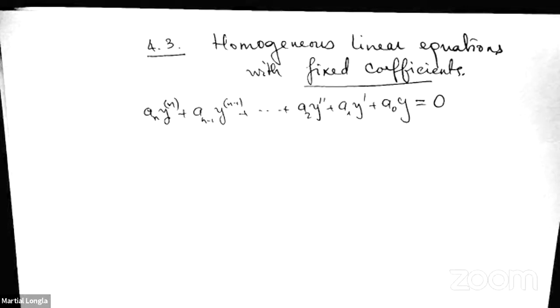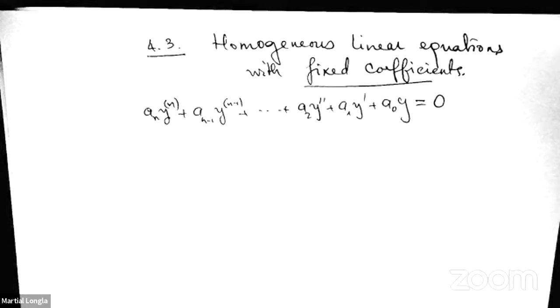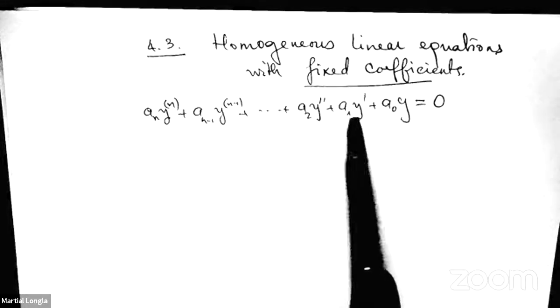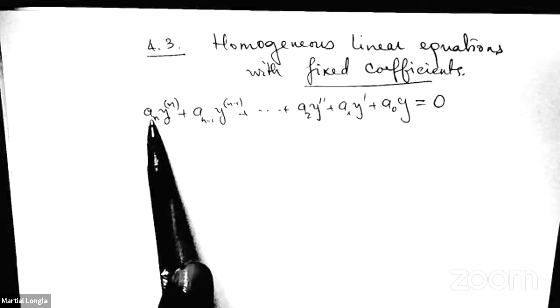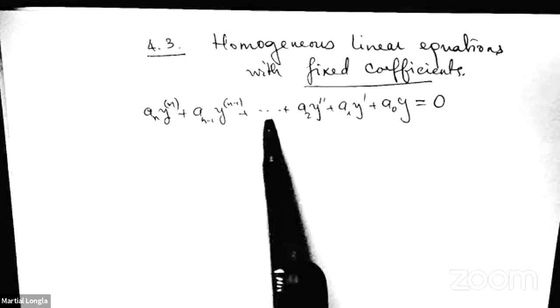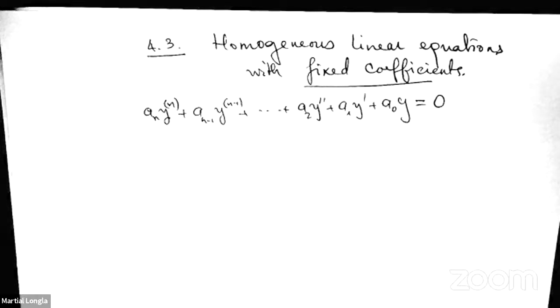Homogeneous in this problem means that the right-hand side is 0. It's linear because you don't have any products of the functions y prime all the way to the nth derivative. Fixed coefficients because these numbers are not functions. a0, a1, a2, all these are not functions. It's just numbers, okay?